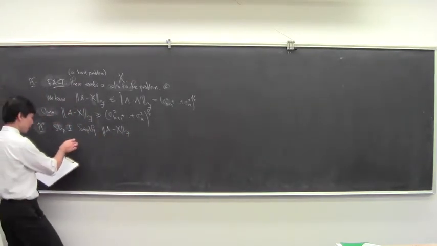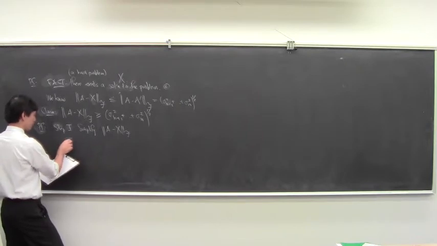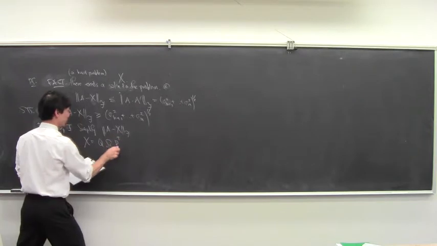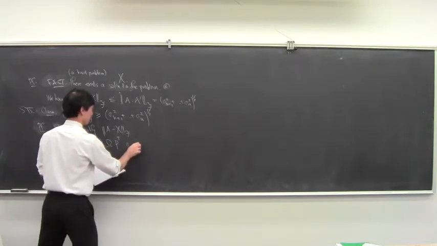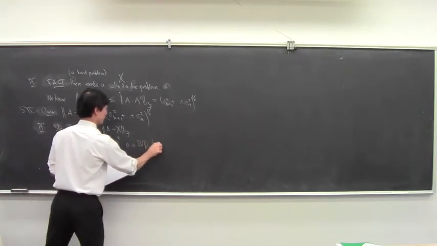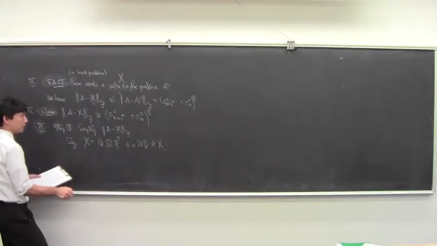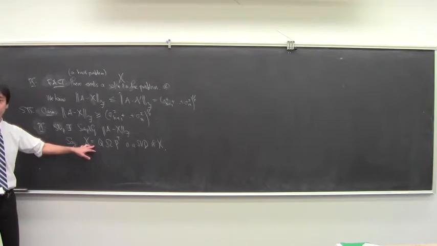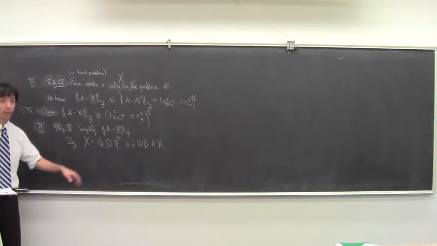Let's say that X equals Q omega P transpose is a singular value decomposition of X. Every matrix has a singular value decomposition, so let's use it.